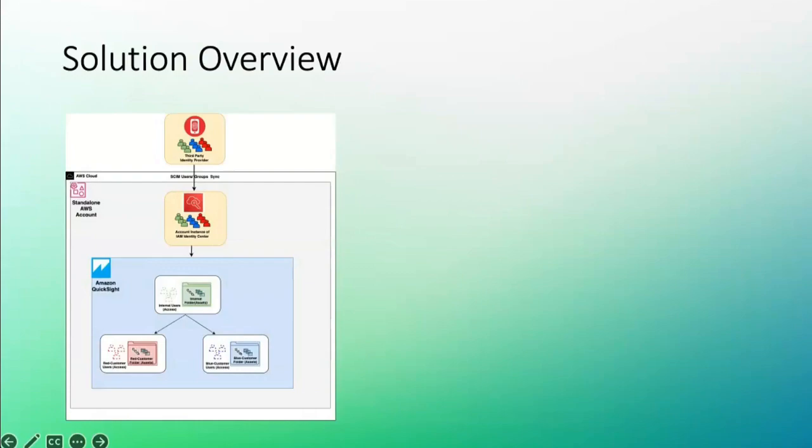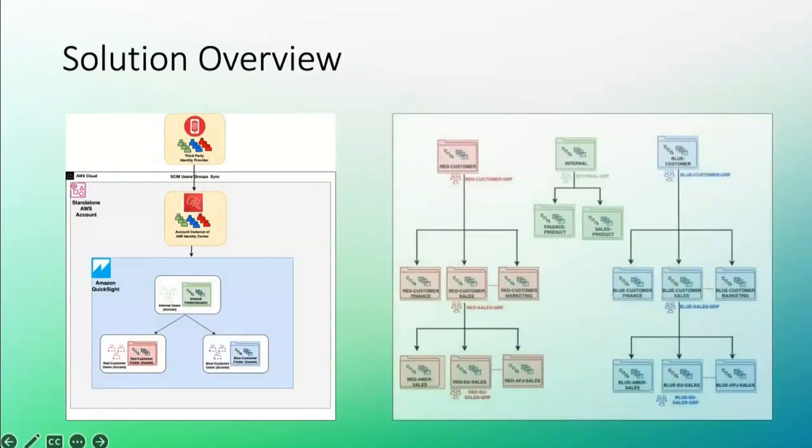So this diagram explains the high-level setup of what we are going to demonstrate. So we have synchronized the account instance of IAM Identity Center. Let's say you have a product which is consumed by multiple users across different organizations. So you have various customers. Here we are demonstrating it as a red customer and blue customer.